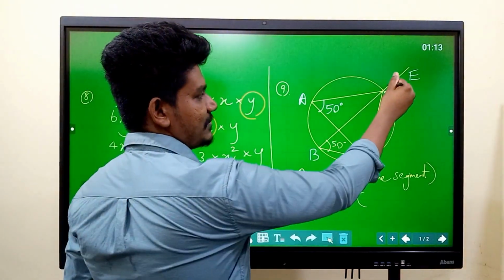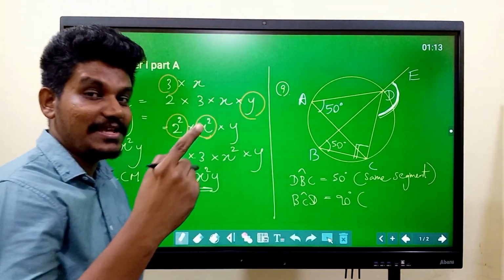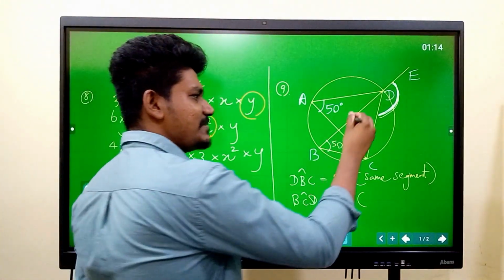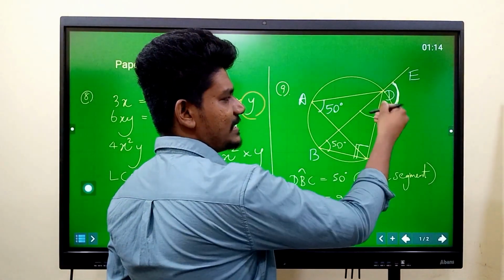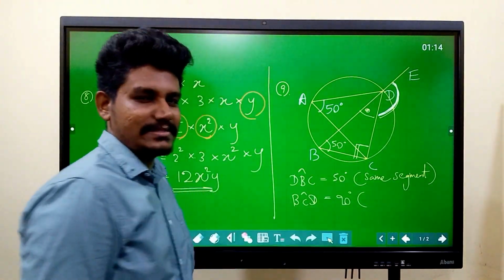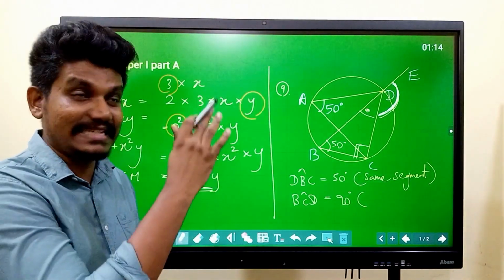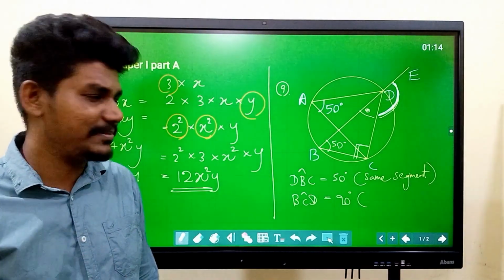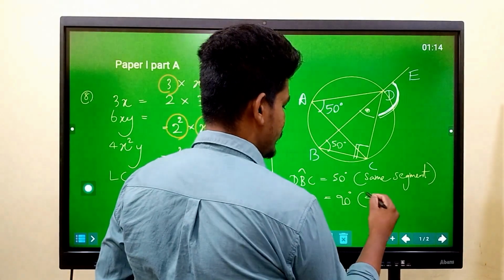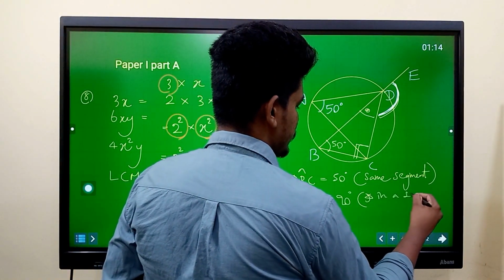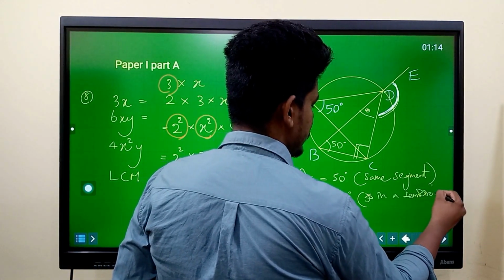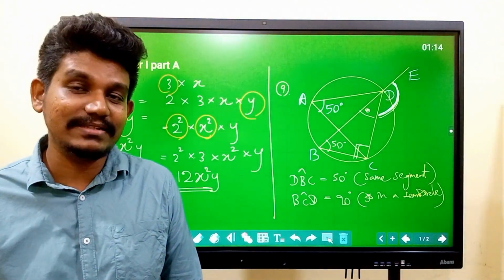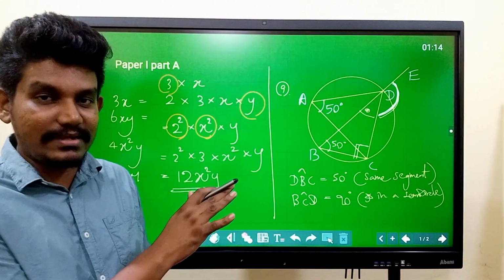Then we can determine that exterior angle straight away by applying the exterior angle theorem. Or else you can find this interior magnitude, and 180 minus that will be the same angle, CDE. So you can find it in 2 methods. I will show you the easiest way. Here this is about angles in a semicircle. For the first paper it is not necessary to write the theorems, but I have written them for your convenience.